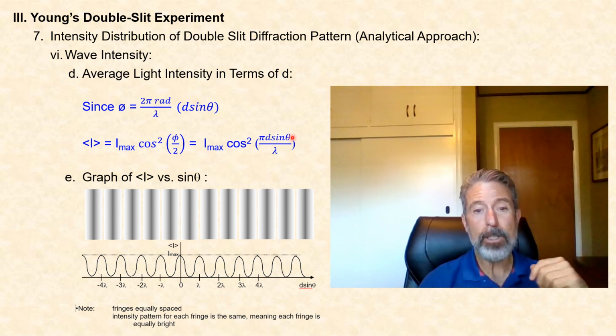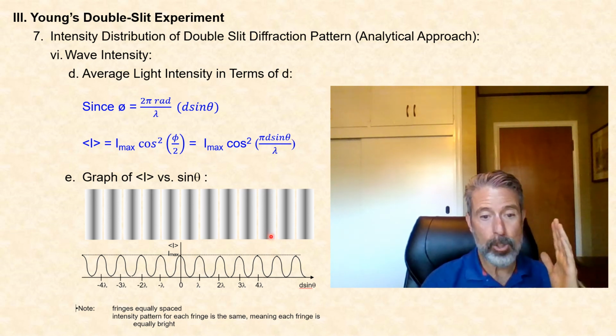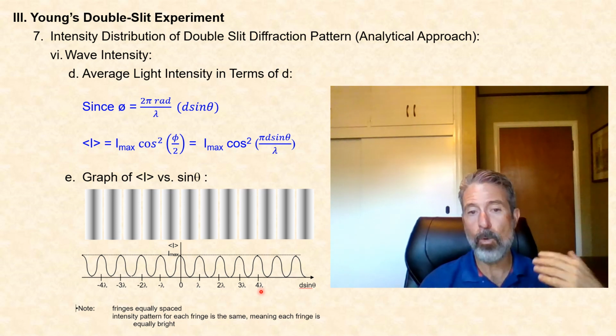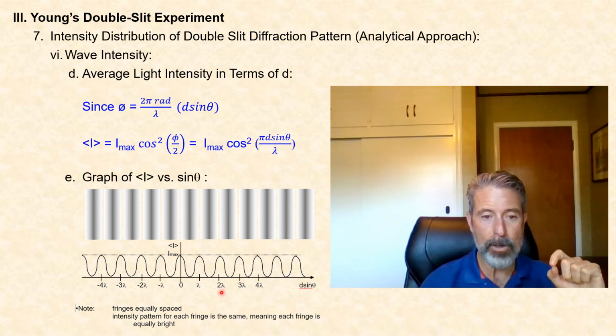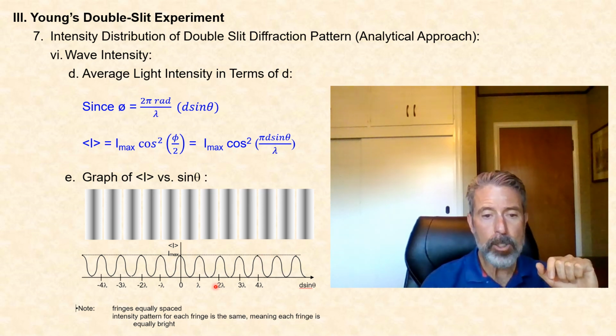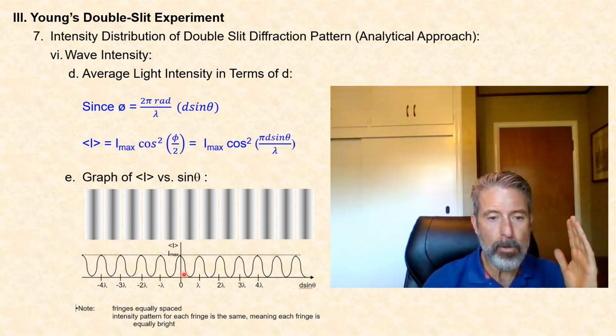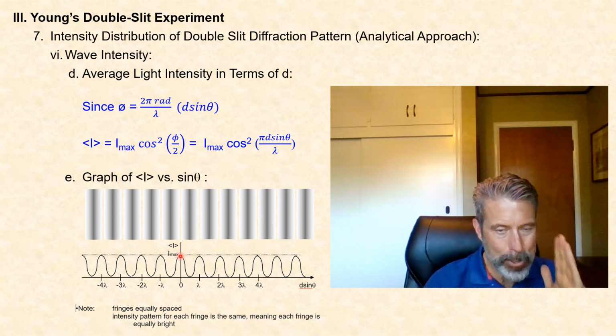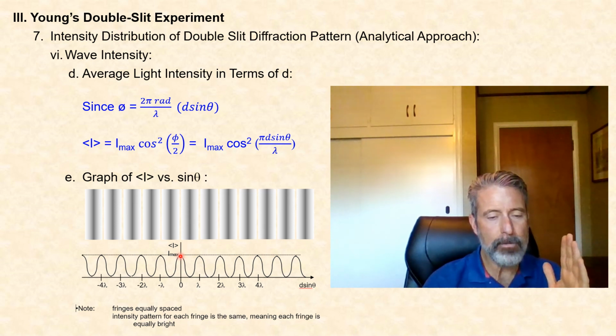In which case, when d sine theta is equal to 1 lambda, 2 lambda, 3 lambda, or 4 lambda, that corresponds to the maximum light intensity, the case of complete constructive interference. Notice that is where we see our peaks for the light intensity of these fringes. If we look at the fringe right in the center of our screen, there is a maximum exactly when that condition for complete constructive interference holds.